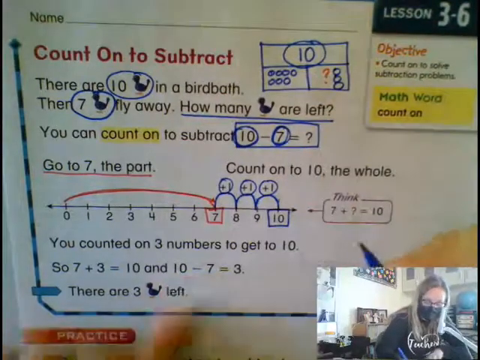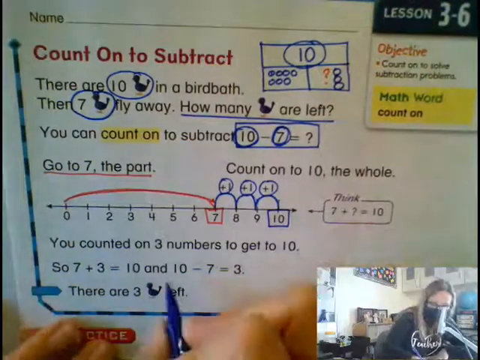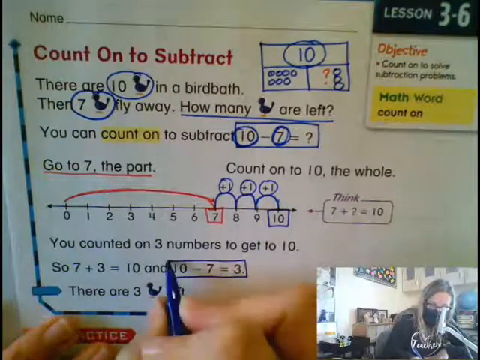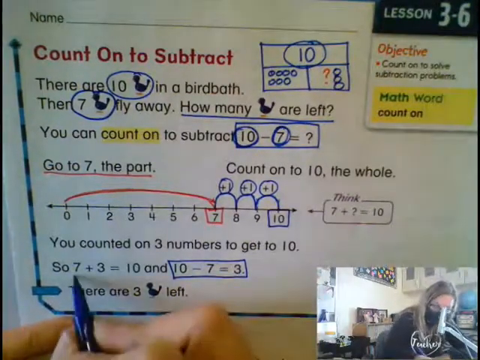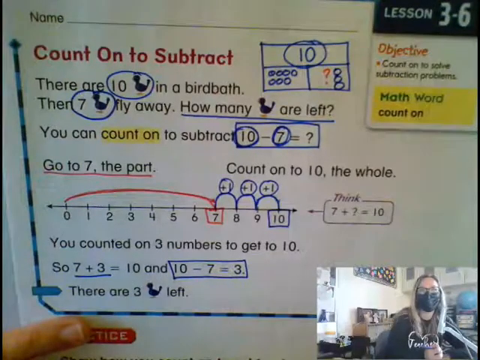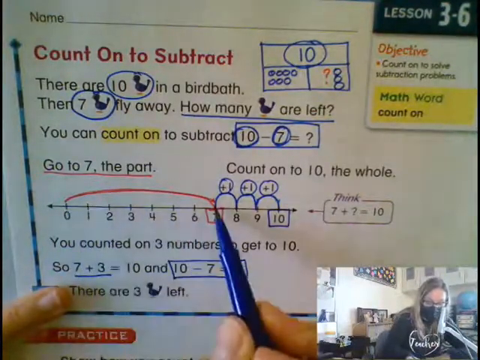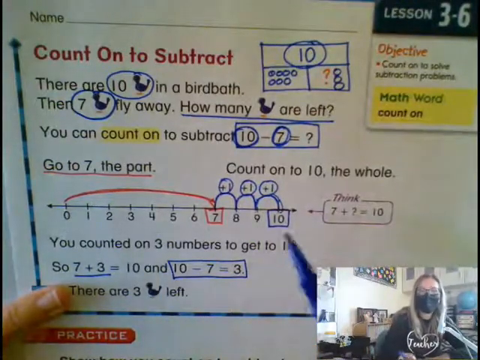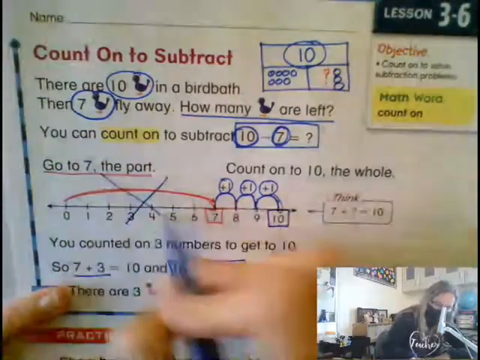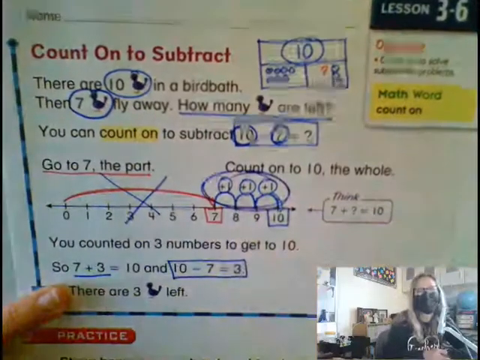Excellent. So 10 take away 7 equals 3. That works because 7 plus 3 is 10. 7, 8, 9, 10. 7 plus 3 is 10. So 10 take away 7 equals 3.